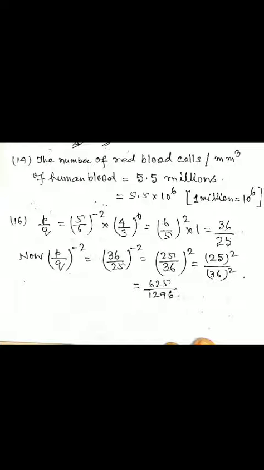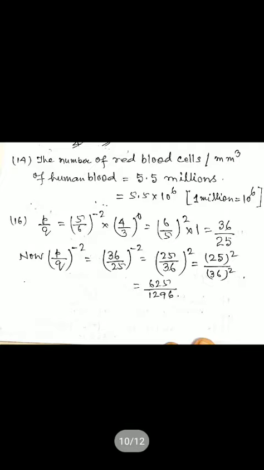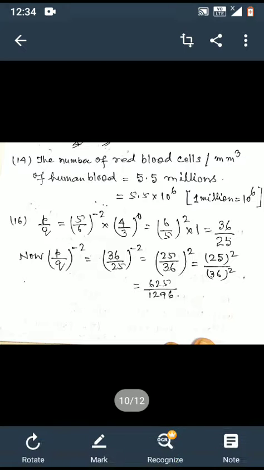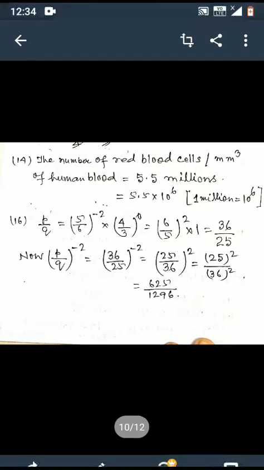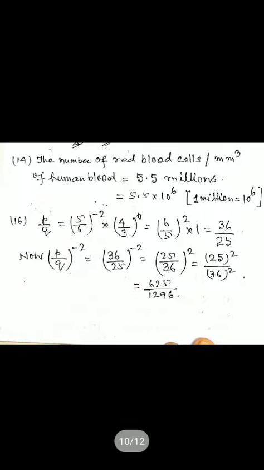The number of red blood cells per cubic meter of human blood is 5.5 million. You know that 1 million equals 10 lakh, that is 10 raised to the power 6. So 5.5 million can be written as 5.5 into 10 raised to the power 6.